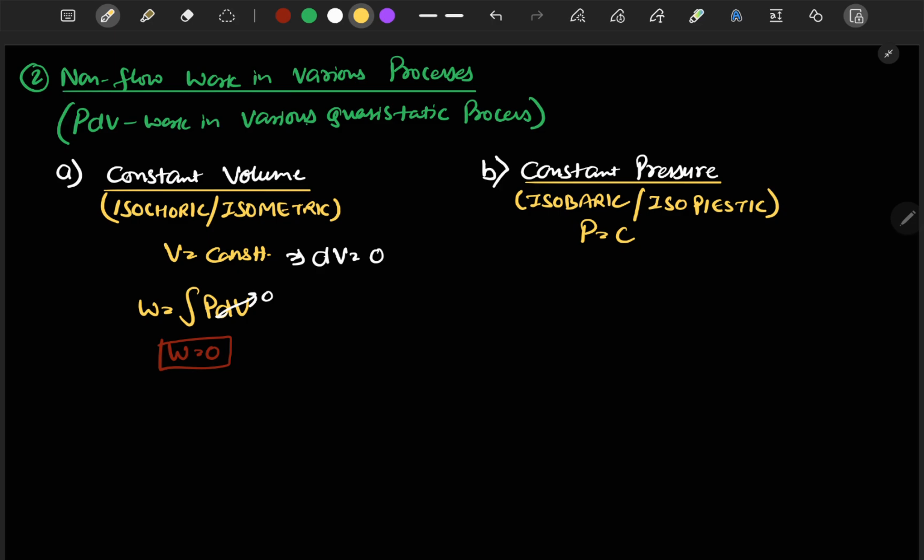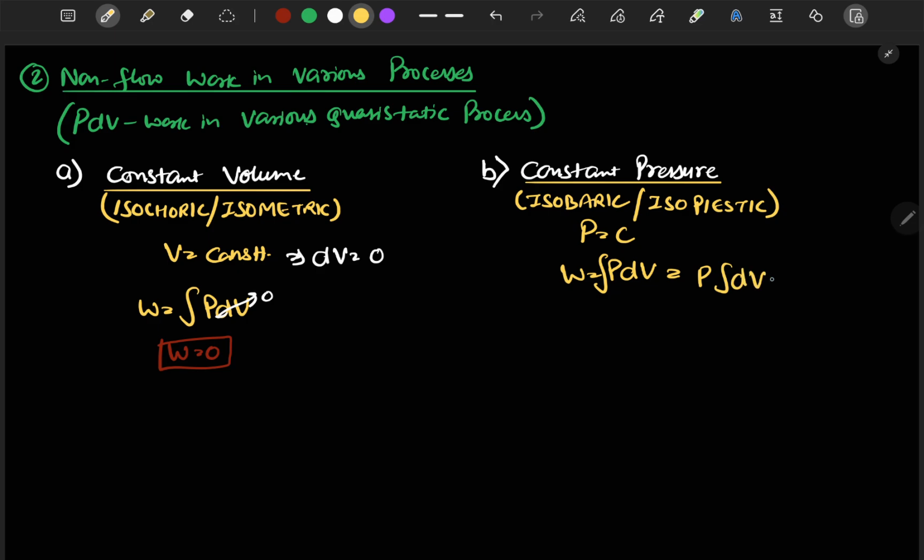So we obtain work using work is equal to integration of PdV, and since the pressure term is constant, we can directly take it outside the integral.